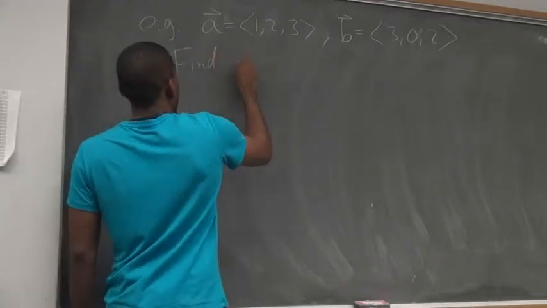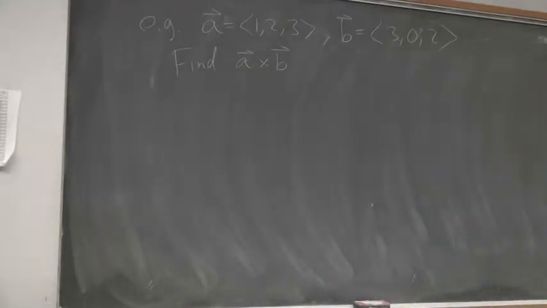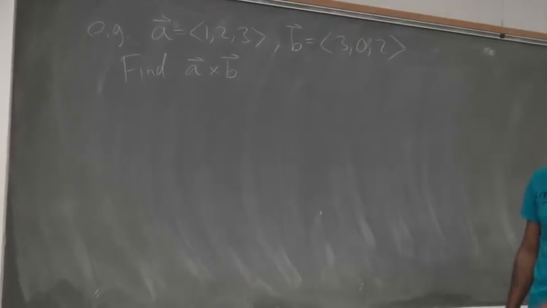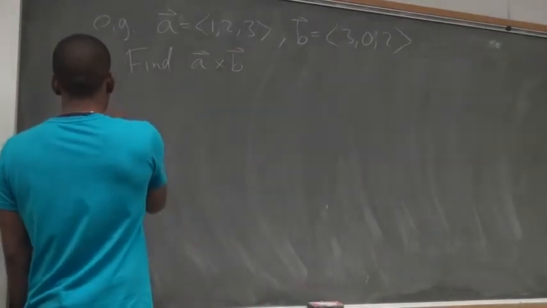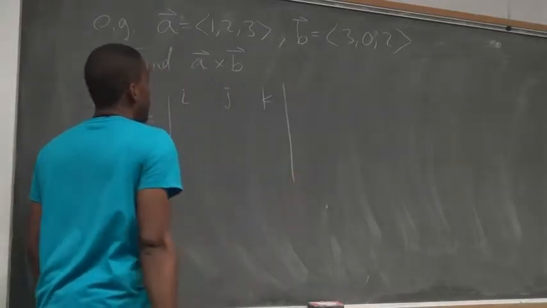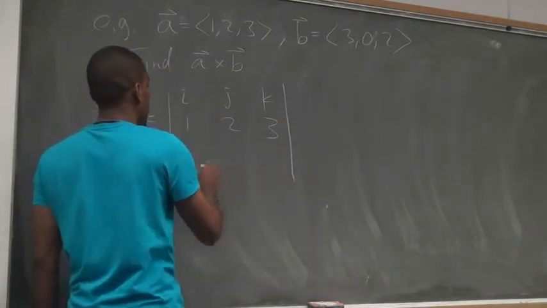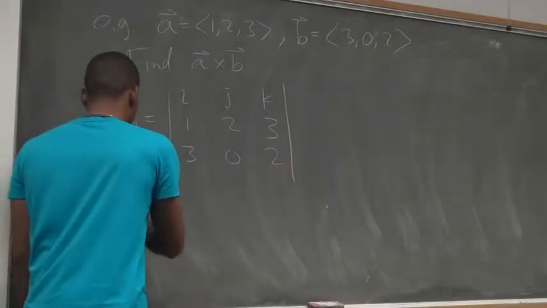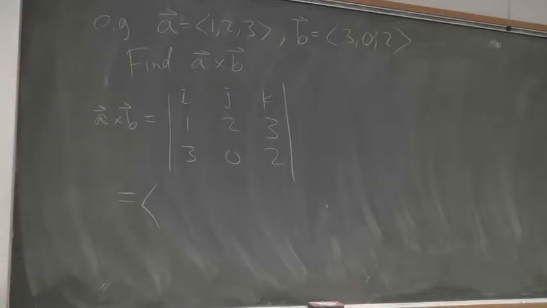Find A cross B. I'll even help you out. I'll set it up for you. A cross B equals I, J, K. Put the A across the first row, 1, 2, 3. Put the B across the second row, and then the third row, 3, 0, 2. We're going to use that to find the matrix.